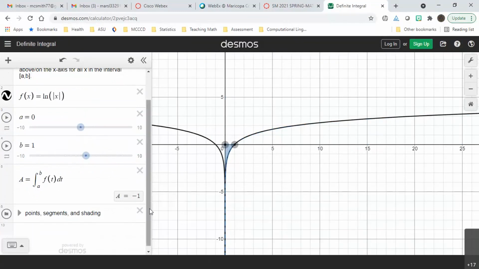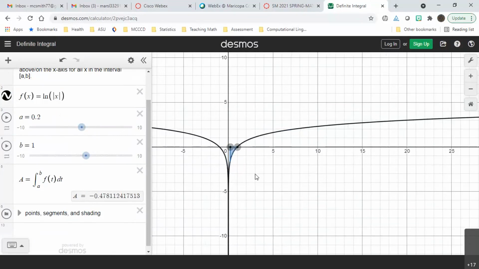But again, you can see the area is not going to work. It's approaching a large negative number. And again, my things are not finely controlled enough, but I just want to show you what the area is. This is the graph heading down to negative infinity.